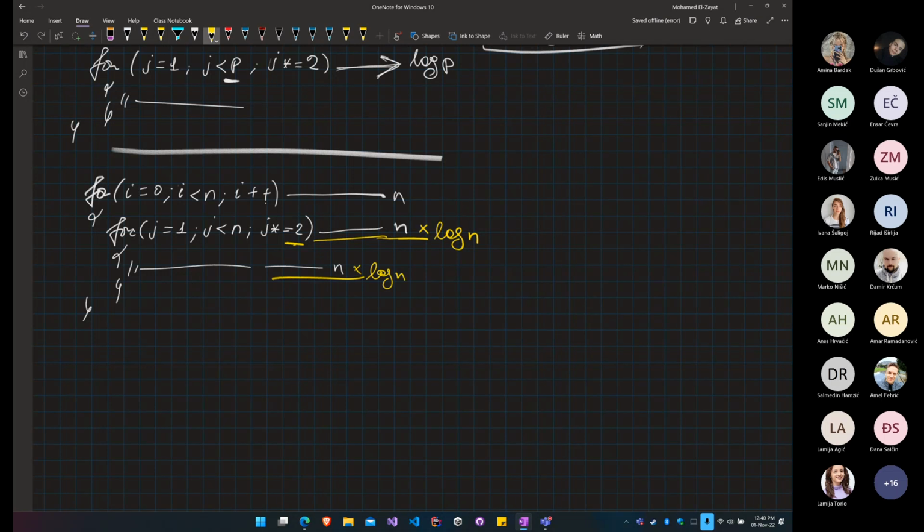For every time this increments, this will run logarithmically, right? So basically speaking, it's going to be O of n log n. This is the complexity of Quicksort, for example. The code is not the same, but it's similar, but I will not talk about the code right now. The complexity of Quicksort, for example, is n log n in that way.